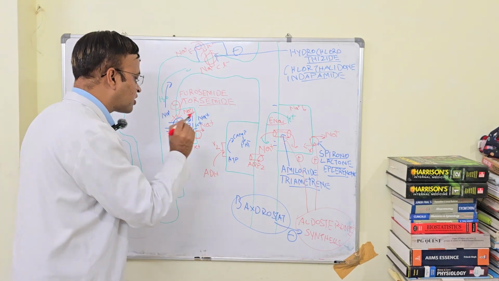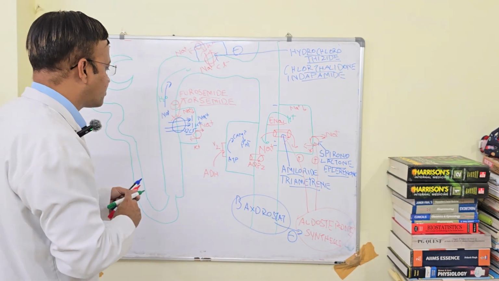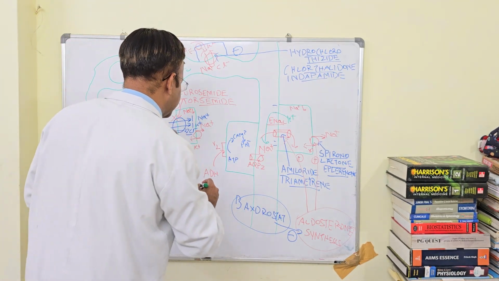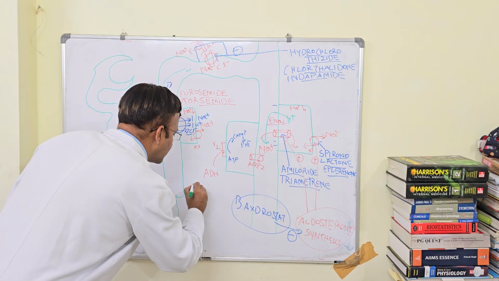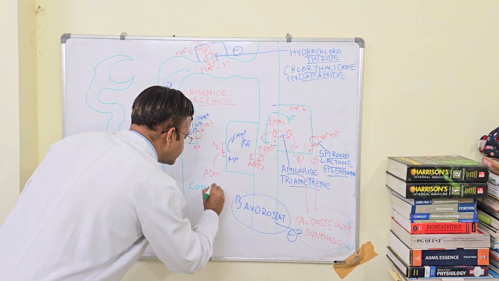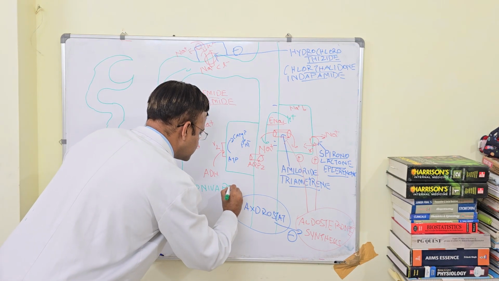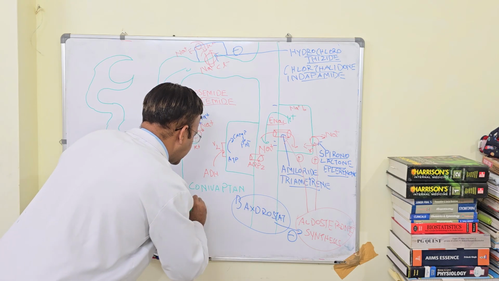So which drugs actually block the action of ADH, right? The drugs which block the action of ADH are conivaptan and tolvaptan.